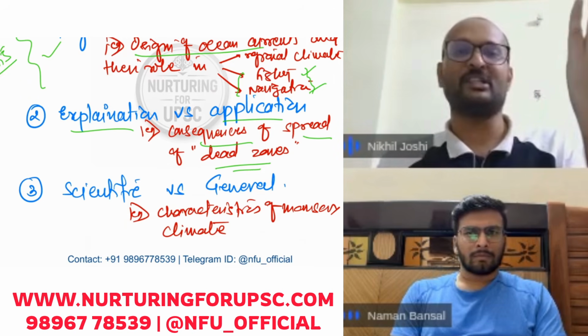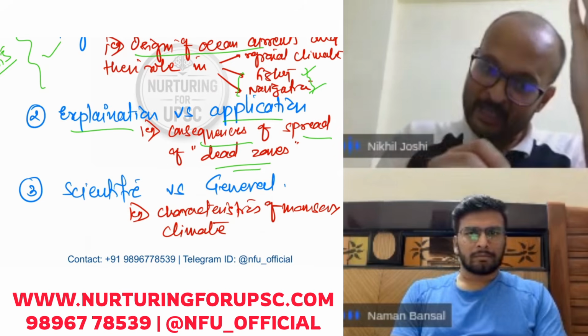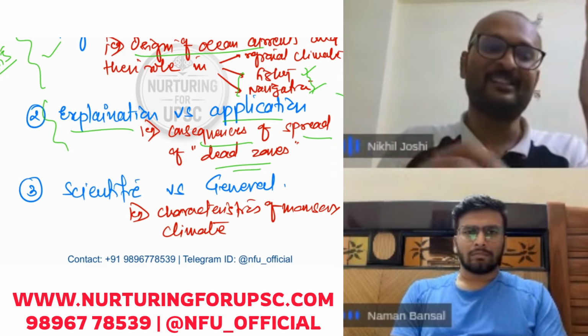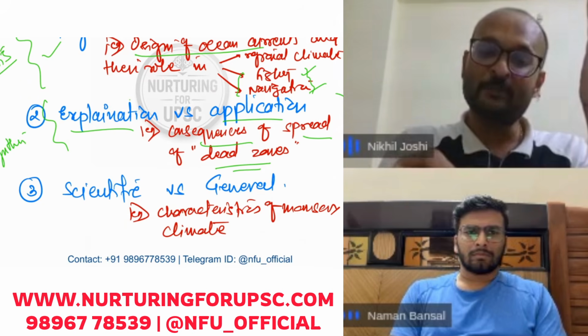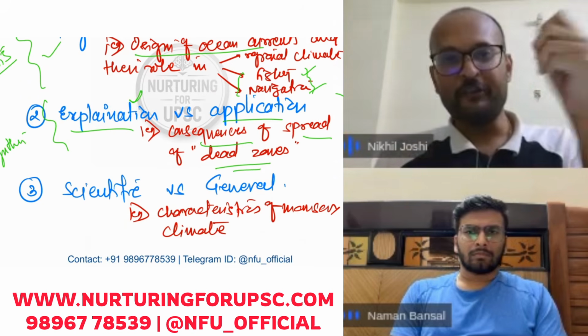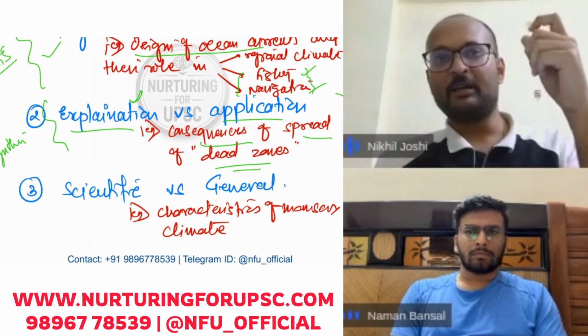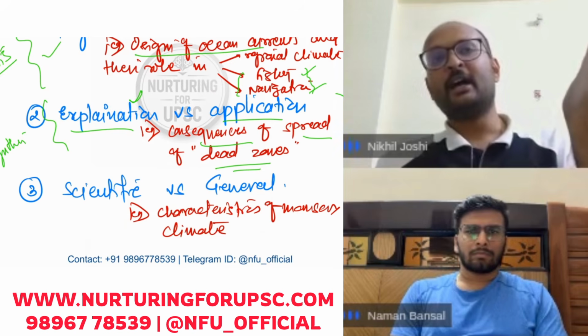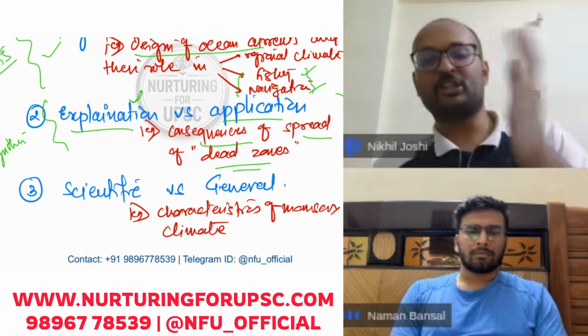So here also you need to have the synthesis, whereby you would be not only talking about the explanation, but how a certain phenomenon, a certain process is actually having certain consequences and causation factors.